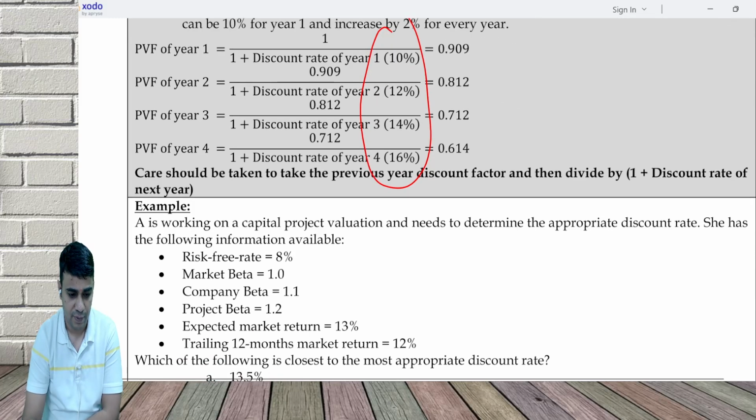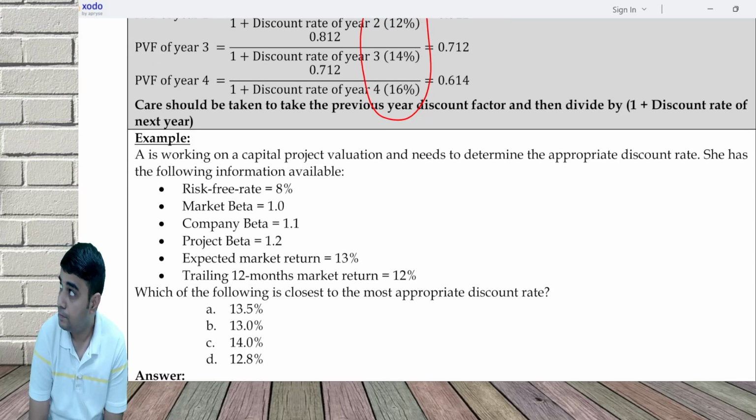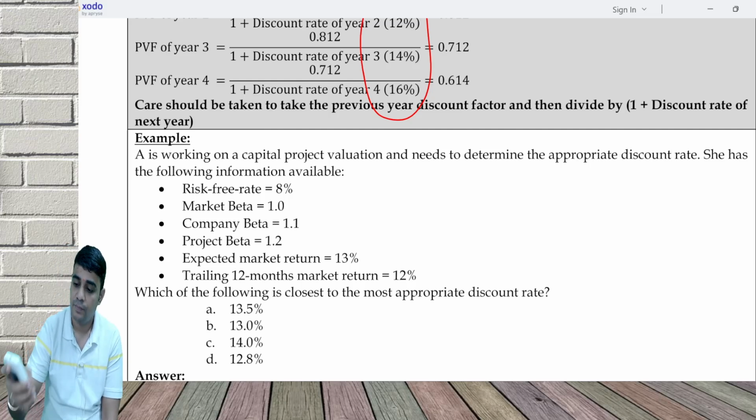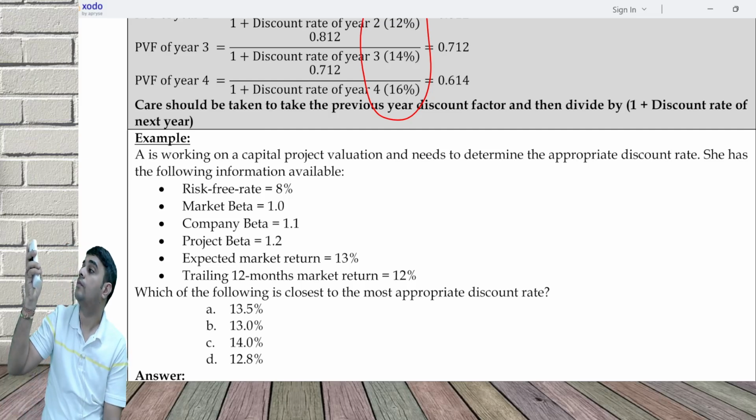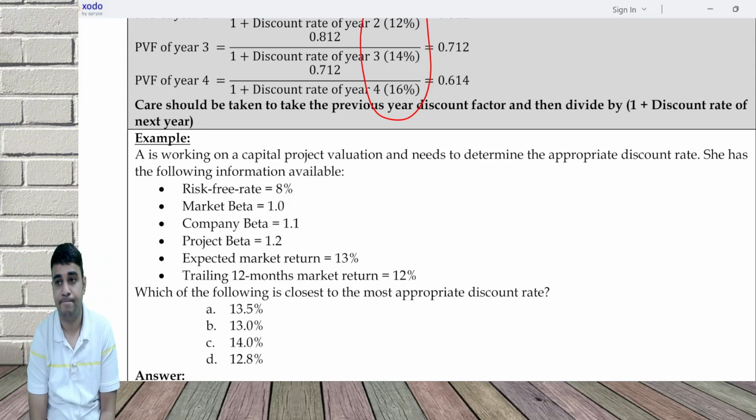Go through this example. Tell me what should be the discount rate here. Think and let me know.